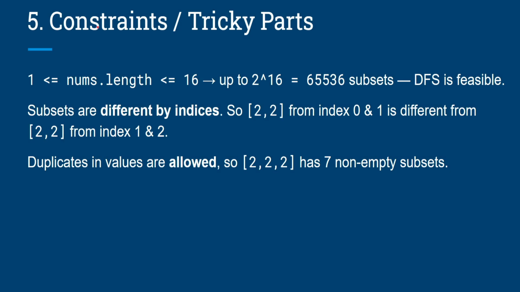The very tricky part is about the constraints we have been given. The length is greater than or equal to 1 and less than 16. So what could the possible subsets be? 2 to the power 16. So generating all the subsets this way is not feasible, but DFS is feasible. This is the first thing you should understand.